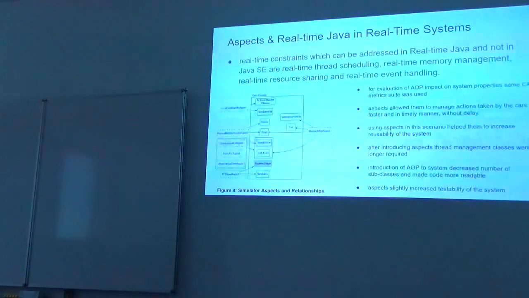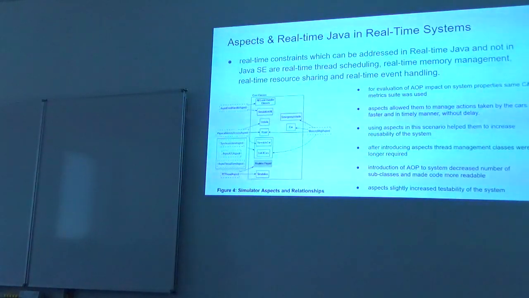Then the second use case is also about a real-time system, but this use case is about the impact of the AOP approach on real-time traffic management systems. So there was a separate system being used.